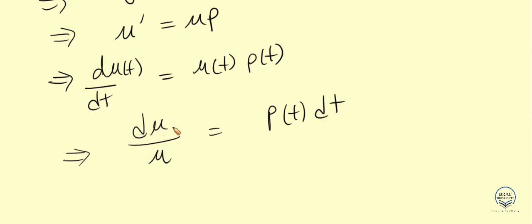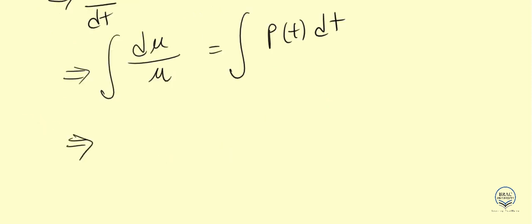And now we want to find mu, because mu was an unknown function. So now we have to find it. We just have to integrate on both sides to find mu. So if you integrate, there will be ln mu, and that will be equal to, obviously there is a constant c1 over here, and you will have the indefinite integral of p(t) dt, right?